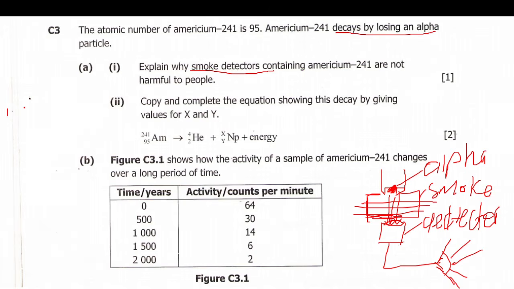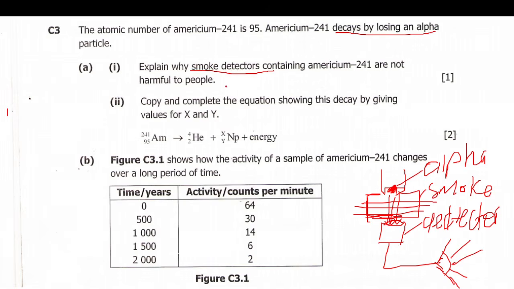But during cancer, cells just divide abnormally and randomly, and at a very fast rate. So those are some of the effects that radiation can cause. Now, in this case, this type of radiation, like alpha, since it has less penetrating power into tissue, it can't go into our body. So it is not dangerous.